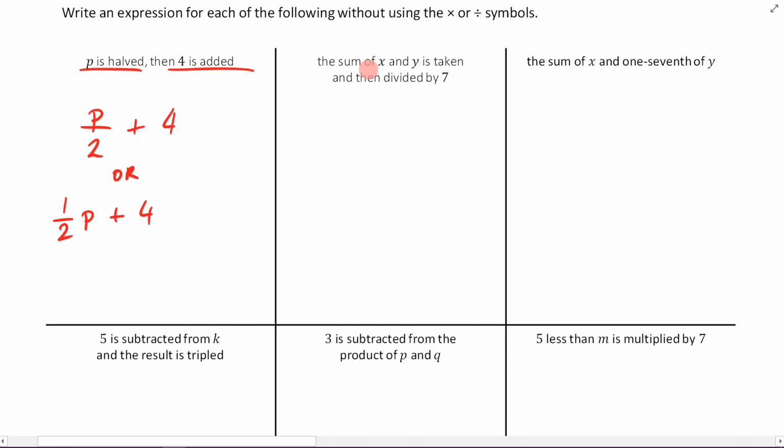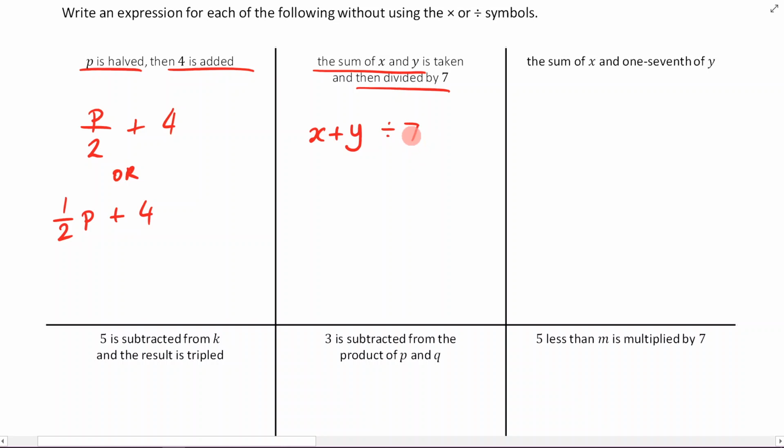Next, the sum of x and y is taken and then divided by 7. So we have two things going on here. The first thing we have going on is the sum of x and y. So that's x plus y. And now what we want to do is divide this whole thing by 7. Now here's the really important part. We can't just go divide by 7.